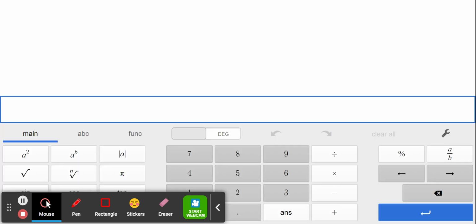4 to no x. Let's see if it does this for me. X raised to the 0. Oh, it doesn't let me do it.